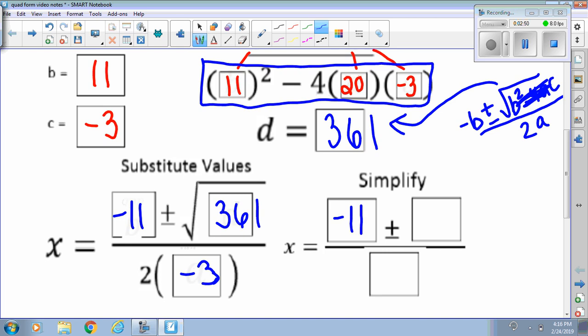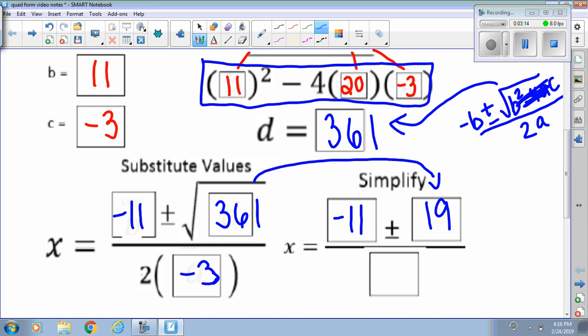Now on your calculator, you have to do the square root of 361. So the square root button, you're going to hit second, and then the x squared button, and then type in 361. You should get 19. So I just simplified that and put it there.